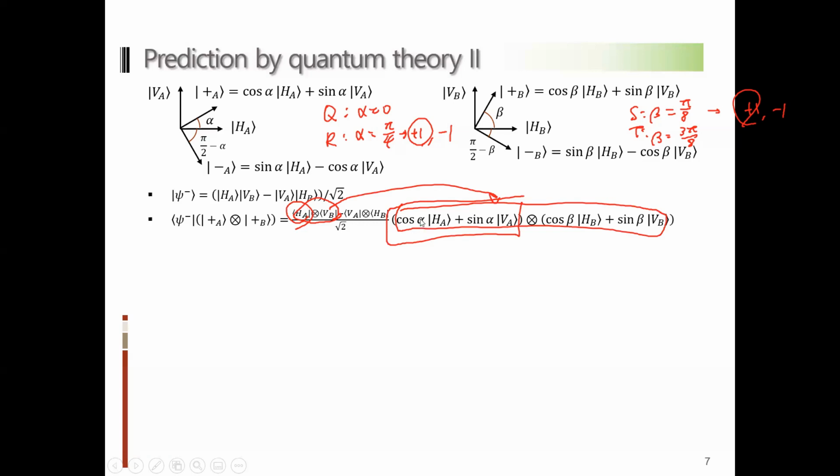So for the first term, I just obtain the cosine alpha. For the second part, again VH will be 0 and VV will be 1, so I will obtain the sine beta. So the first term becomes cosine alpha times sine beta.